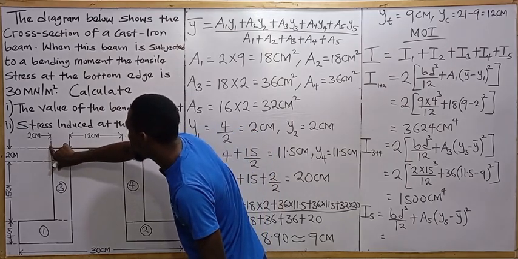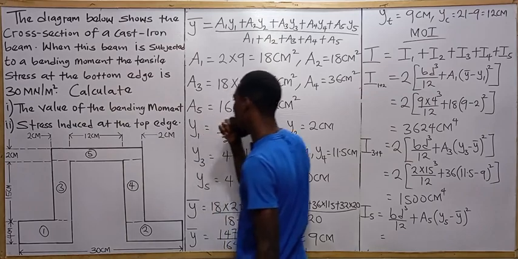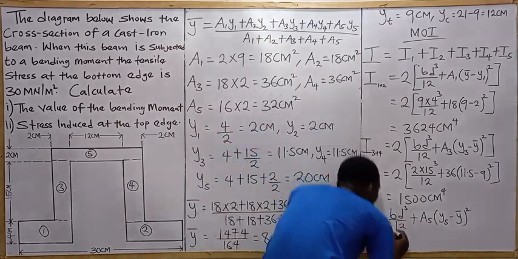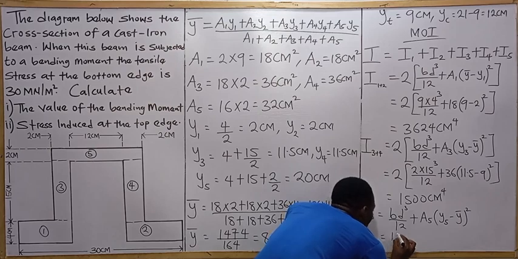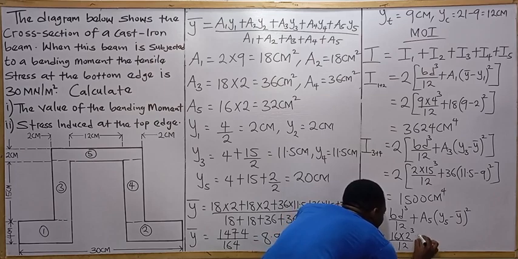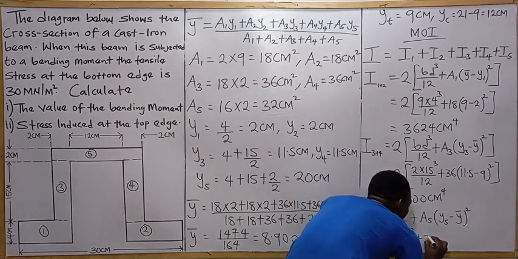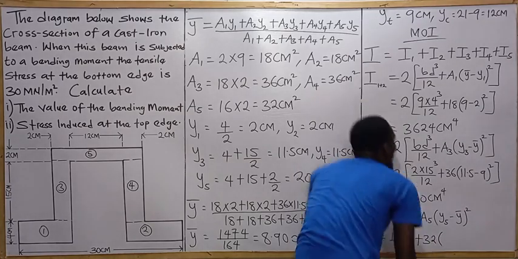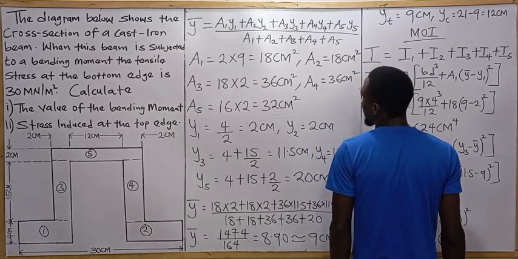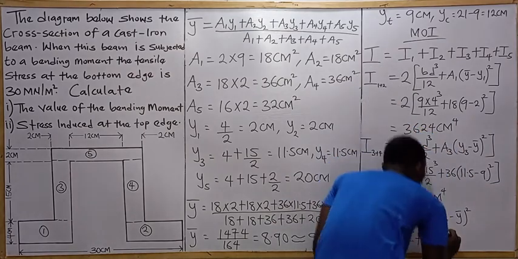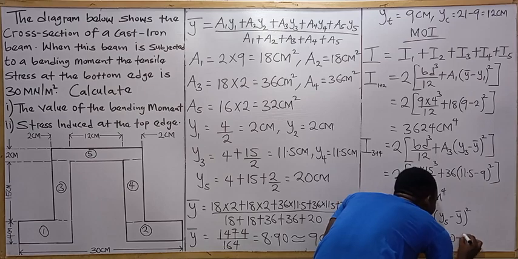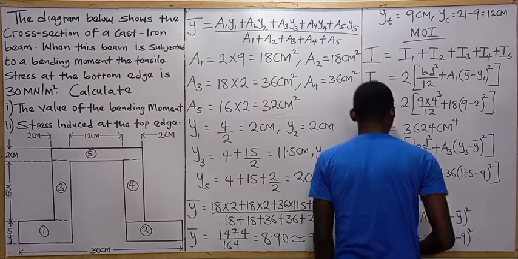The depth is 2, while the base is going to be 16. So it's going to be 16 times 2 to the power of 3 divided by 12 plus our A5. Our A5 is 32. So we are going to have 32 into Y5. What is Y5? Y5 is 20. So it's going to be 20 minus 9 all squared.